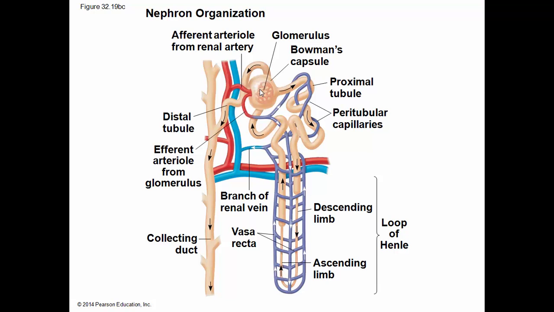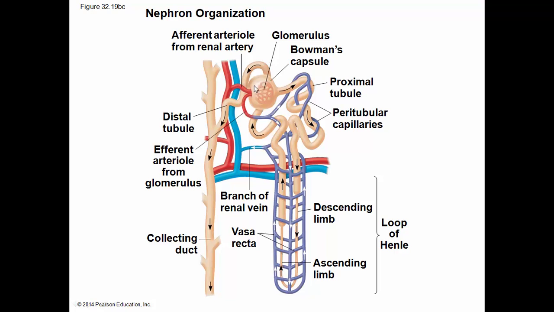The capillaries converge as they leave the glomerulus, forming an efferent arteriole. Branches of this vessel form the peritubular capillaries, which surround the proximal and distal tubules. Other branches extend downward and form the vasa recta, hairpin-shaped capillaries that serve the renal medulla and surround the loop of Henle.